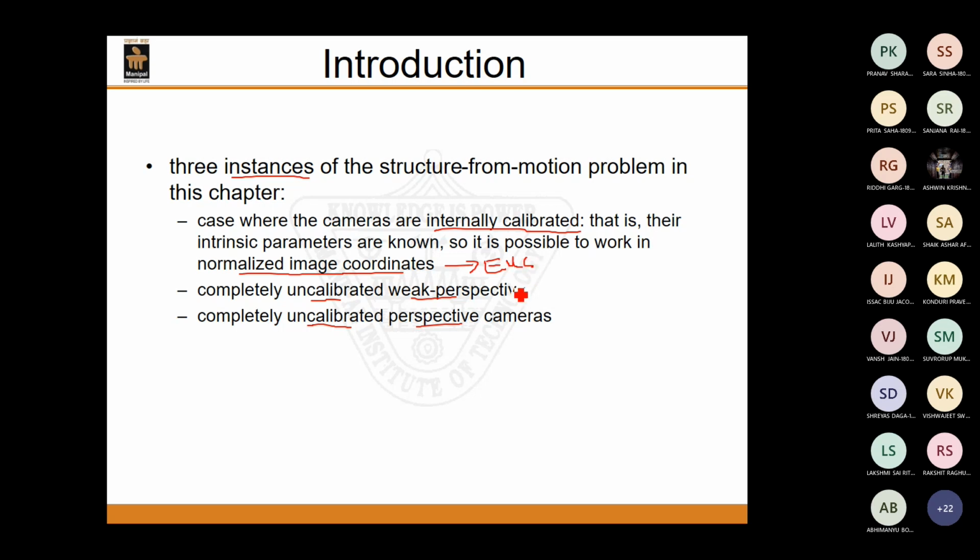In the second case, where it is completely uncalibrated, that means the intrinsic parameters are not known to us, but it's a weak perspective, the kind of reconstruction that we attain here is the affine reconstruction. And in the third case, where you have completely uncalibrated perspective cameras, the kind of reconstruction we have is the projective reconstruction. Okay, so we will be looking at each of these cases one by one.